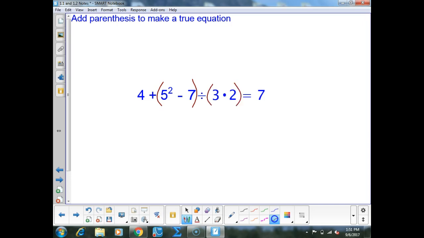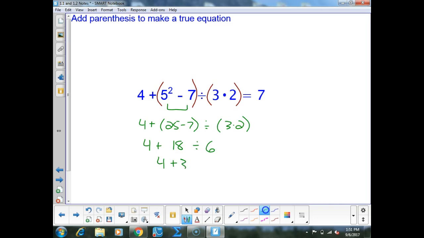Because then this part here would become 25 minus 7, which then would become 4 plus, what is that, 18, divided by 6, which then would become 4 plus 3, which then gives me 7.